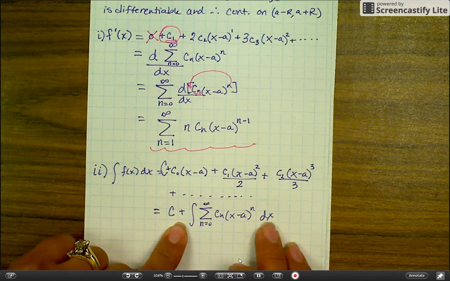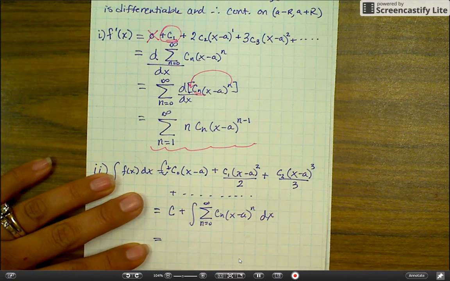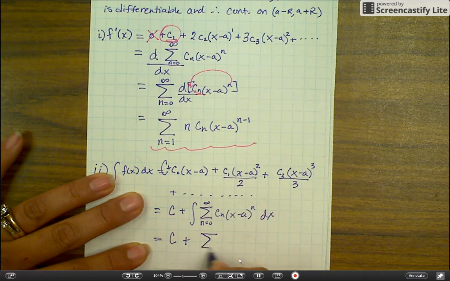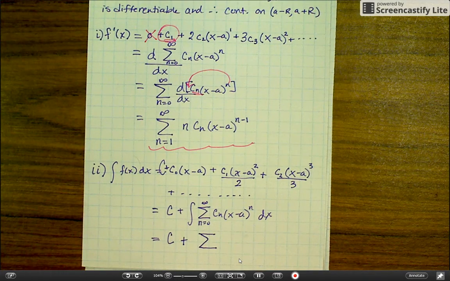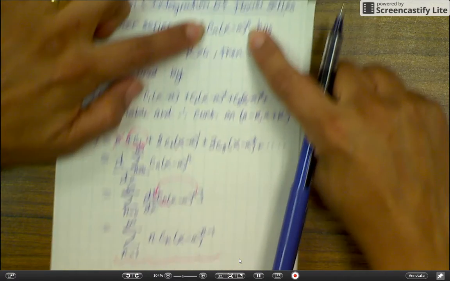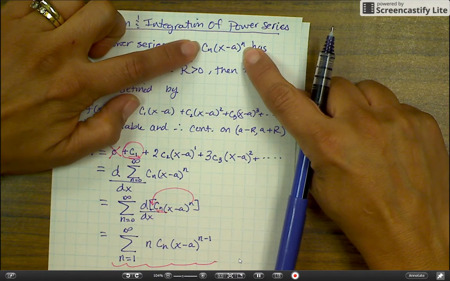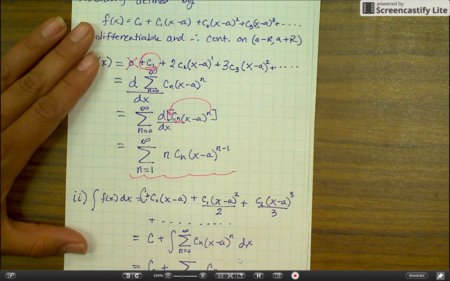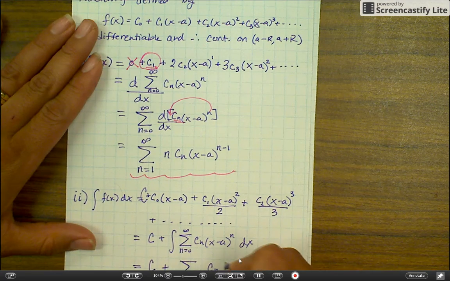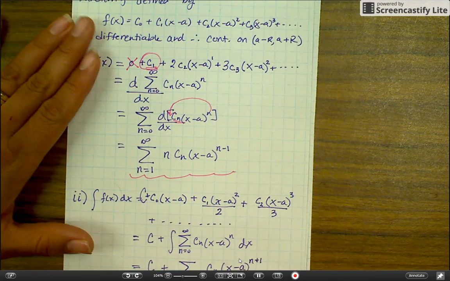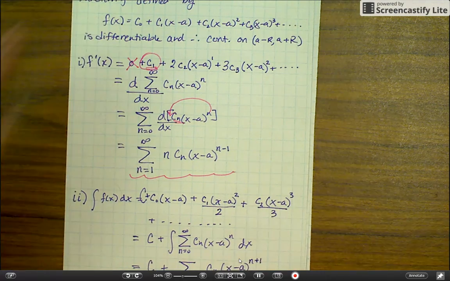Which, what did this generate for us? This generated c plus the sum. And basically what we're going to do is take the antiderivative of this term. So I keep my coefficient. What do we do? We raise the power. So we do n plus 1 divided by n plus 1.